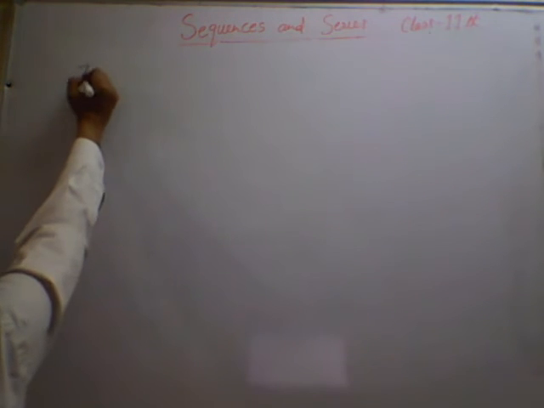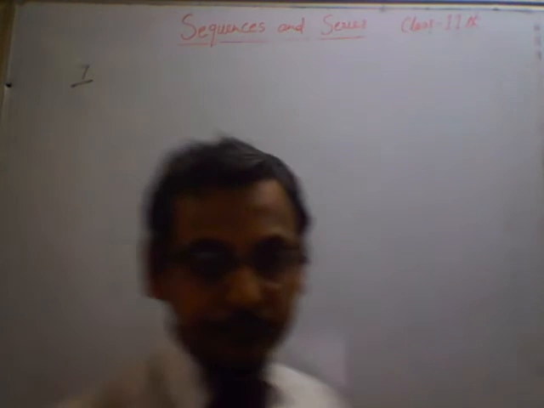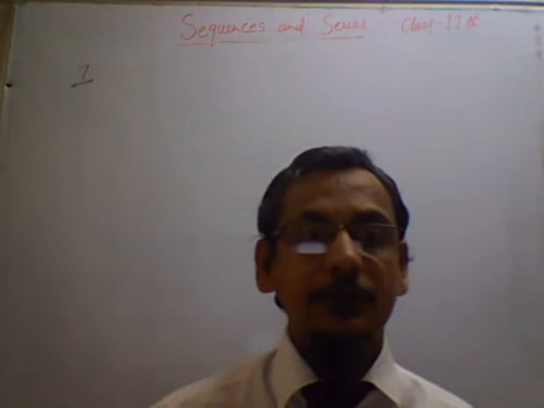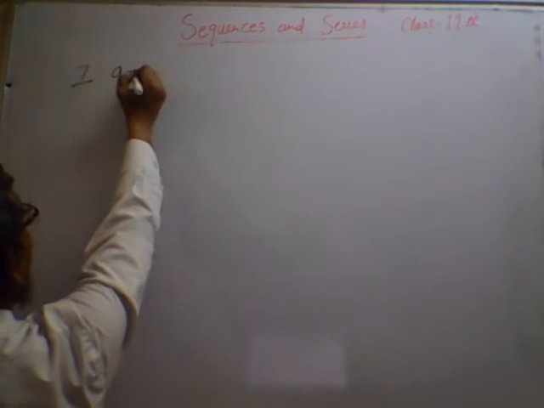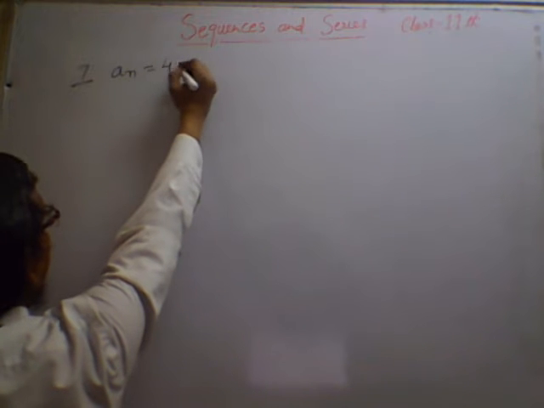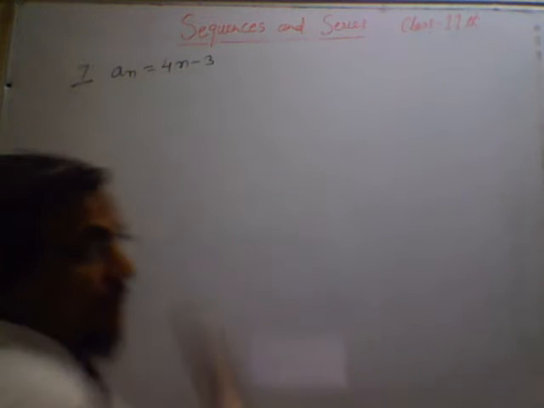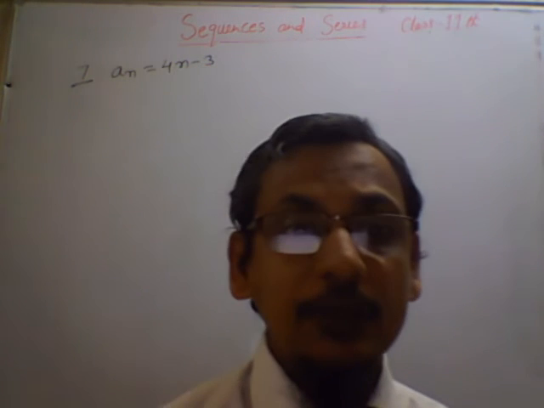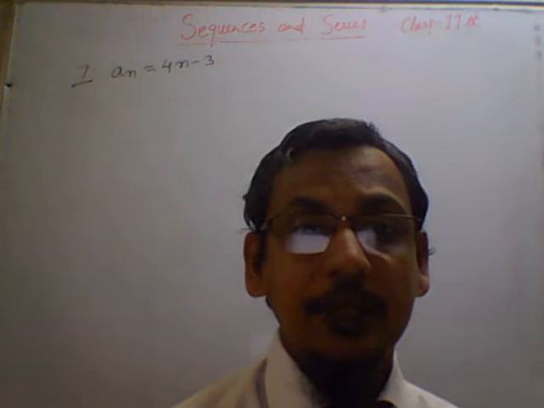An is equal to 4n minus 3, and we have to find out A17 and A24.